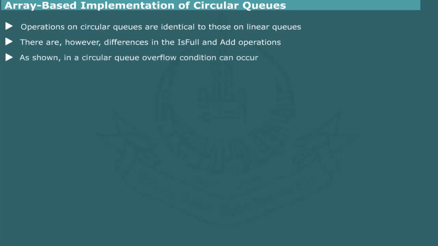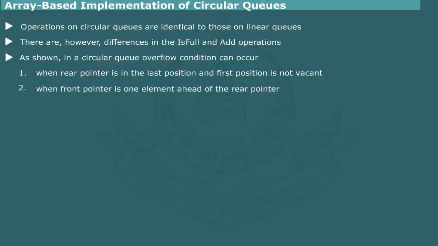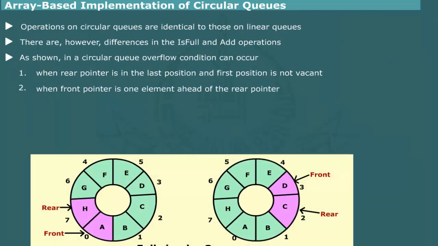The overflow condition can occur in these circumstances: when the rear pointer is positioned at the last element of the array and the first element of the array is occupied, when front pointer is one element ahead of the rear pointer. These conditions are illustrated in the figure.